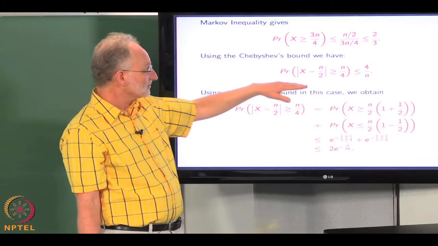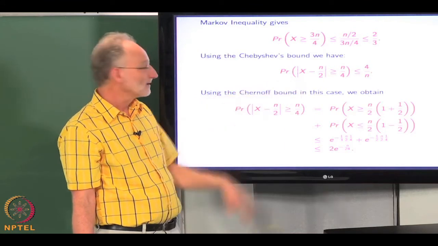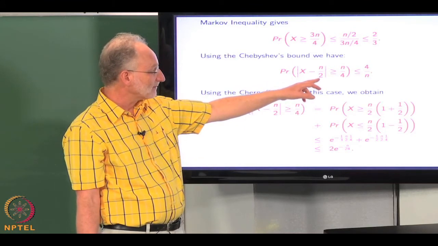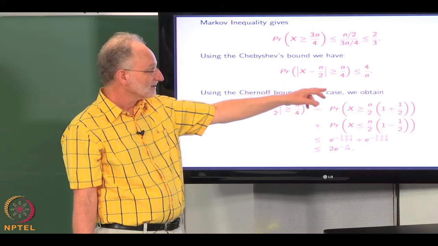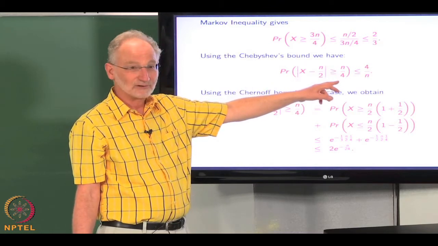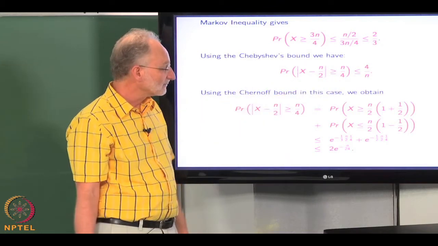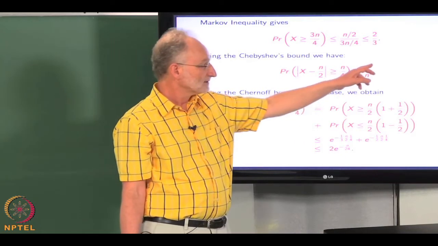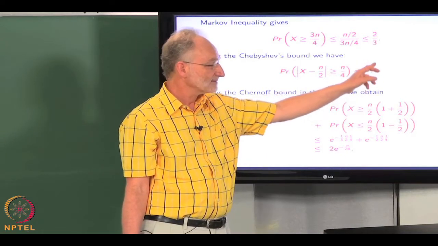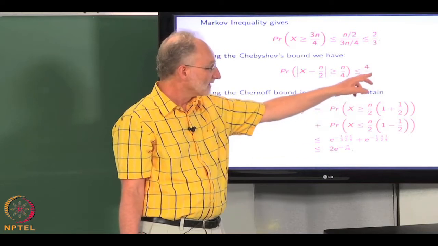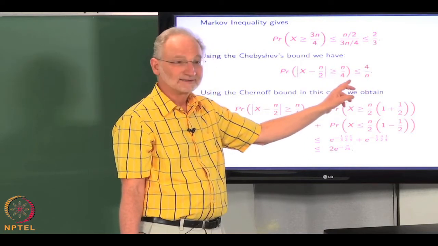If we do Chebyshev, the probability that we deviate from the expectation by n over 4 is bounded by the variance divided by this square.